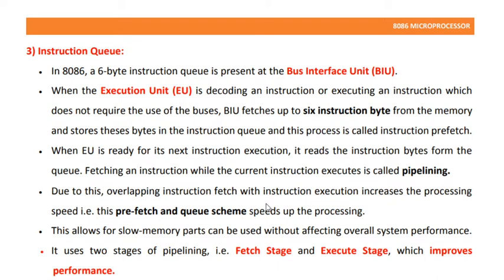Namely, the categories were general purpose register, segment register, index and pointer register, instruction pointer, and flag register. We also learned that there are 4 general purpose registers, 4 segment registers, 4 index and pointer registers, 1 instruction pointer, and 1 flag register.